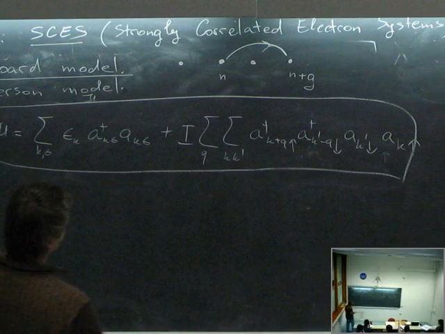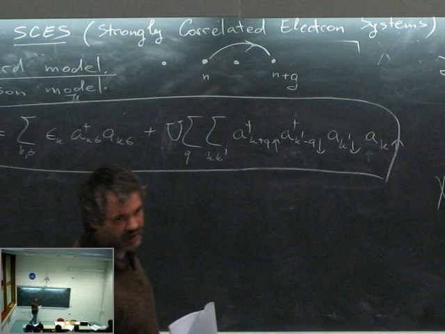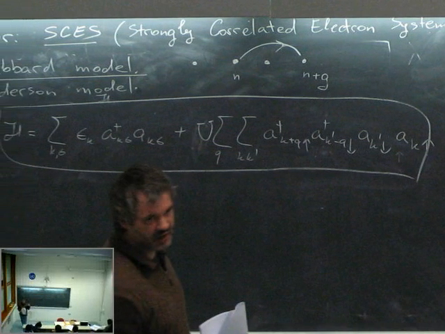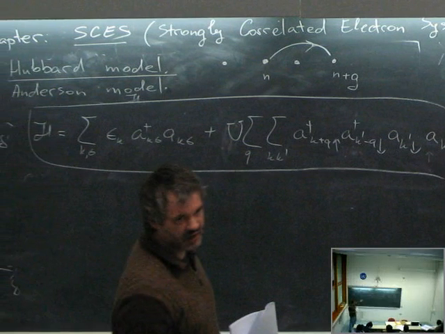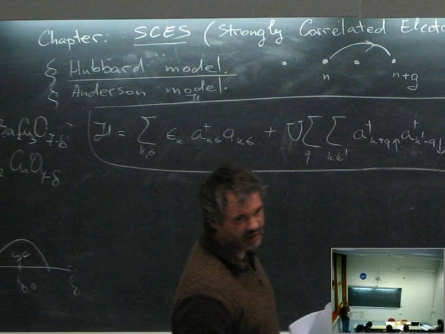I just wrote a specific configuration associated with this scattering. Basically, this is the same Hamiltonian. If you Fourier transform your Hubbard model, you will come to this Hamiltonian in Fourier space.